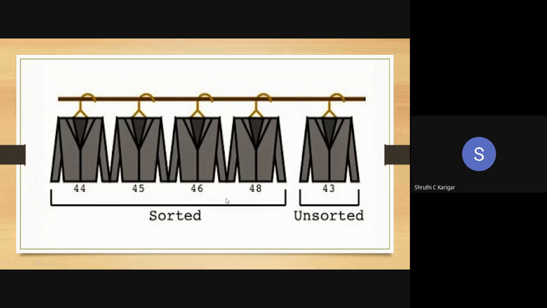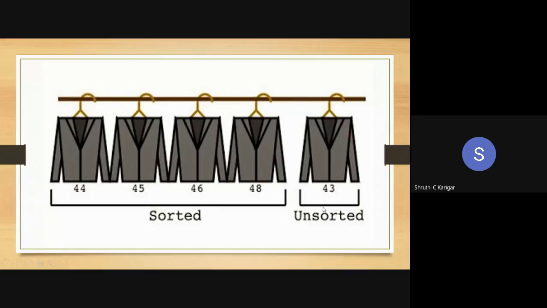If you observe this, it is in a sorted order, not mixed with any other numbers. It is in ascending order, 44, 45, 46, but 47 is not there, which does not mean anything, because after 46, if it is not there, then I can take 48. So all these are sorted, and this is not unsorted.